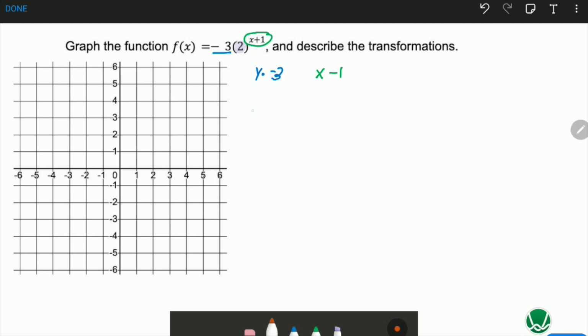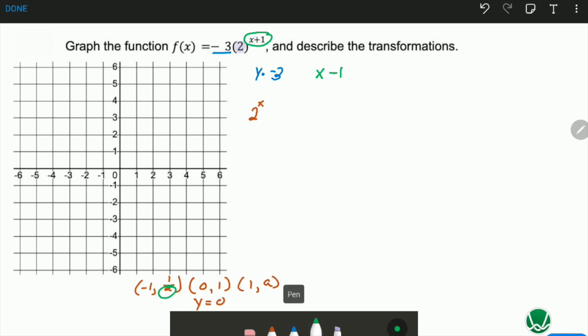But this is an exponential function, 2 to the power of x. You can use some other notes from an earlier part of this video, which tells us the general points are -1, 1 over a, 0, 1, and 1, a, as well as the asymptote y equals 0, which is always the same.